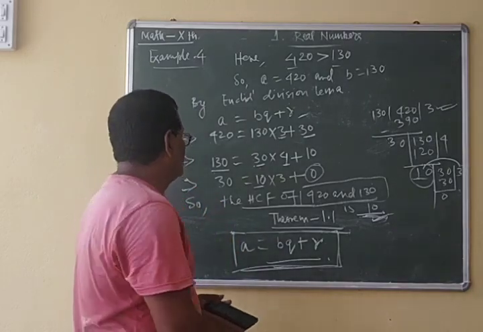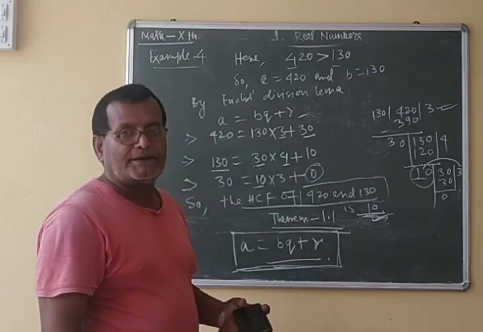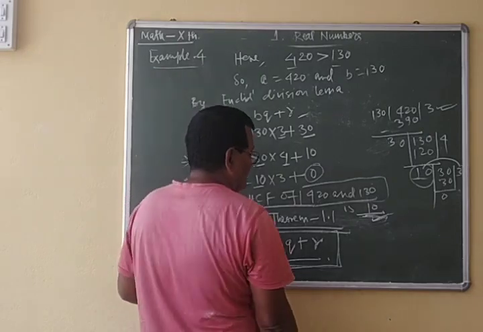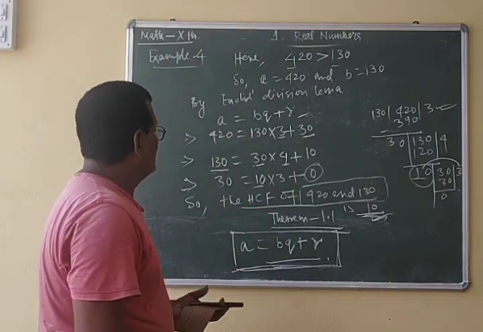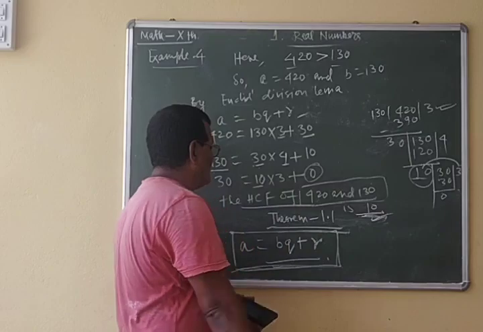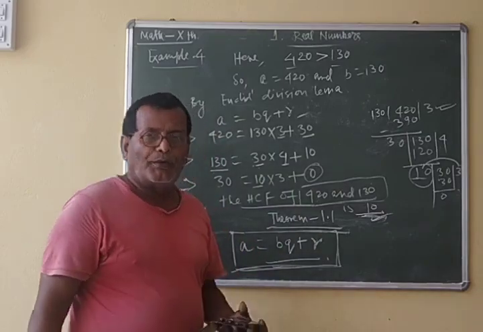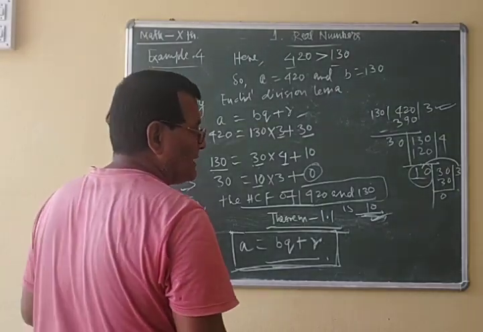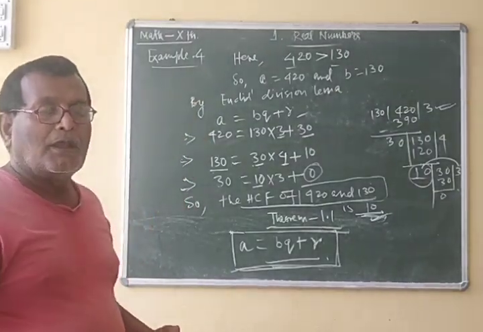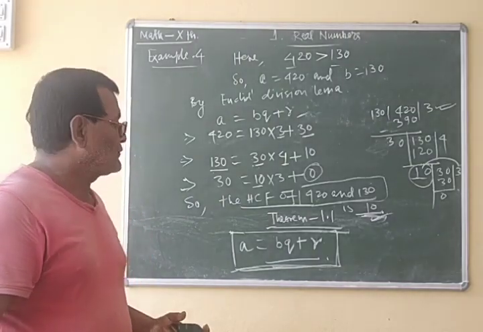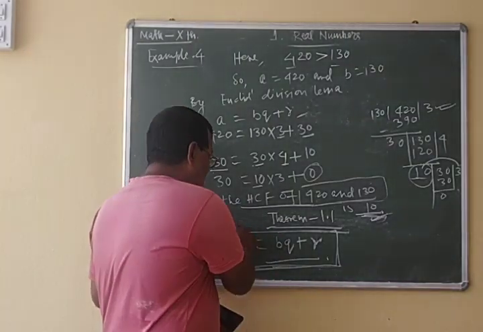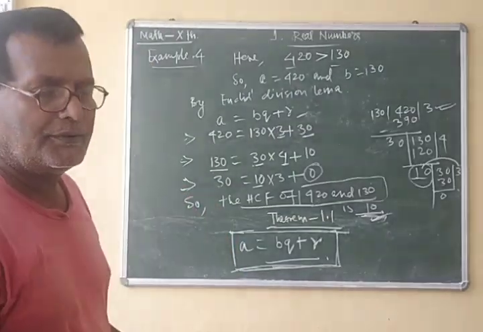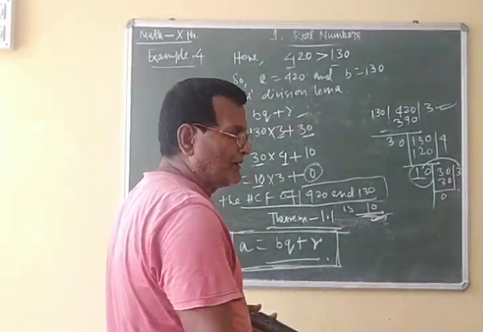In this chapter, theorem 1.1 is called Euclid's division lemma. I told you the definition of lemma: a lemma is a proven statement which is used to solve problems. By this lemma you can find the HCF of given two or more numbers.